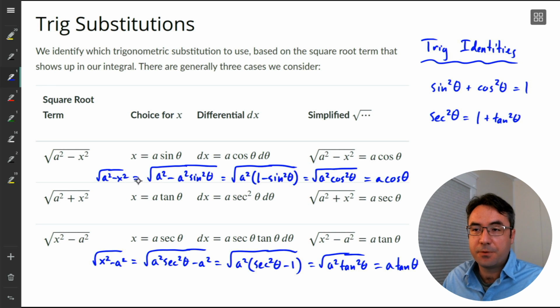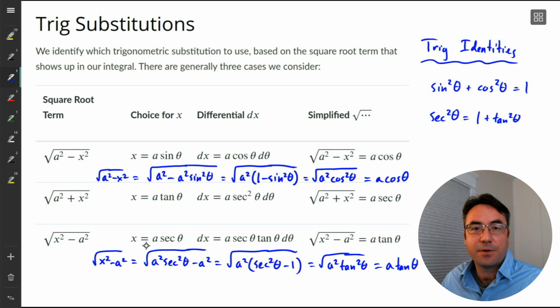So you could run through these trig identities every time you do a problem, or you could just know what's going to happen. So if this is our square root term, and this is what we're picking for x, then you're always going to end up with this square root term simplifying to a times cosine theta.